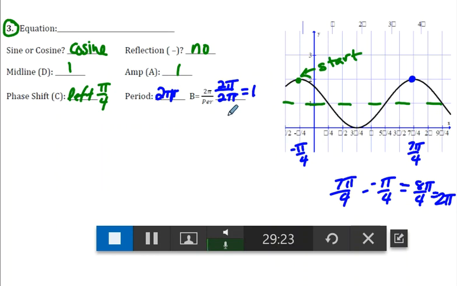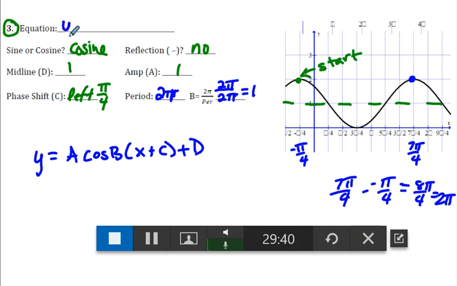Okay. So for the equation, we're going to use this format. We're going to use y is equal to a cosine b x plus c plus d. And let's see. Y is equal to, my a value was 1. Cosine. What's that? No, you don't have to write the 1. And then my b value is 1.